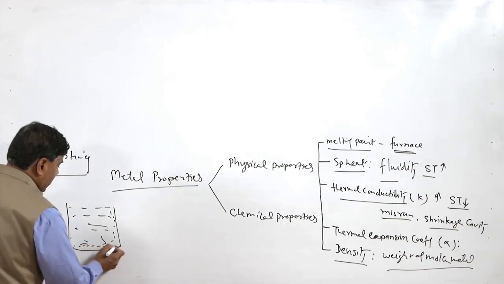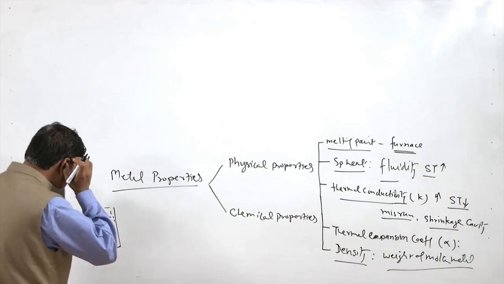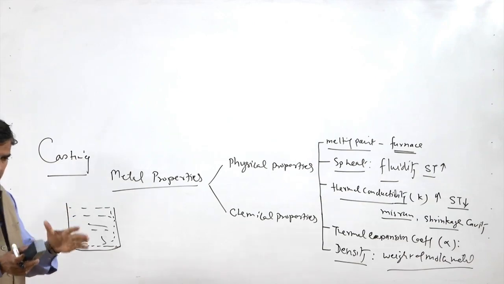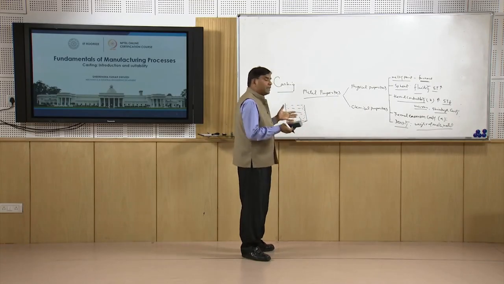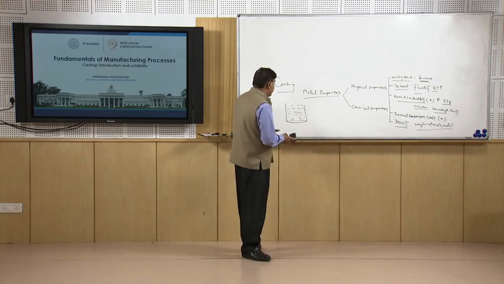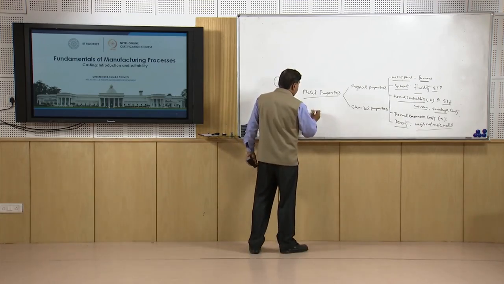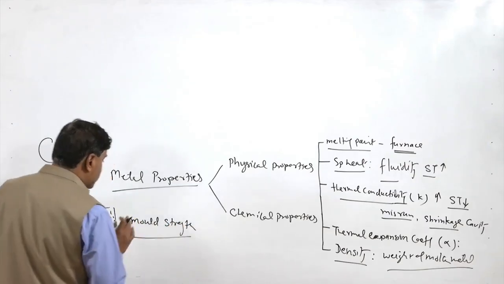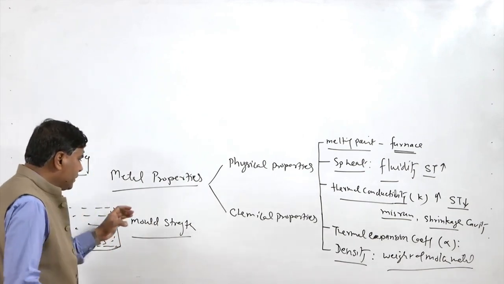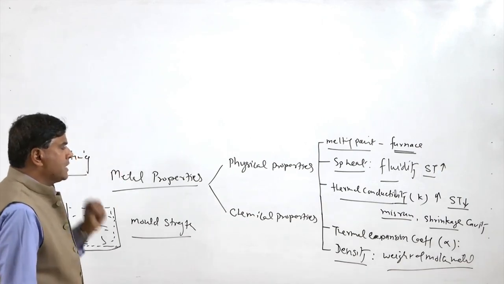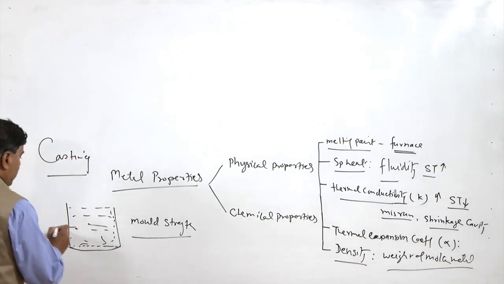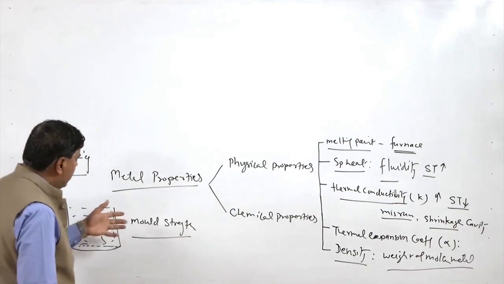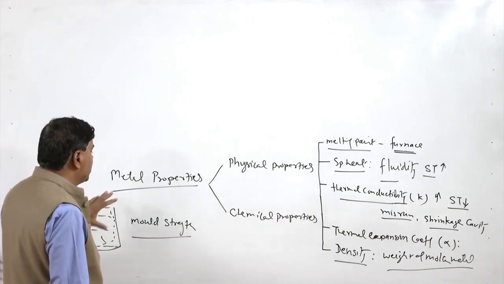So, instead of having the shape as it was before pouring the molten metal, if due to the weight the mold walls are shifted, then there will be a change in the dimensions and the shape of the casting. So, this is one aspect. What the mold strength should be depends upon the density of the material, because for a given volume, if the density is low, then the metallostatic pressure applied onto the walls due to the weight of the molten metal will be limited.